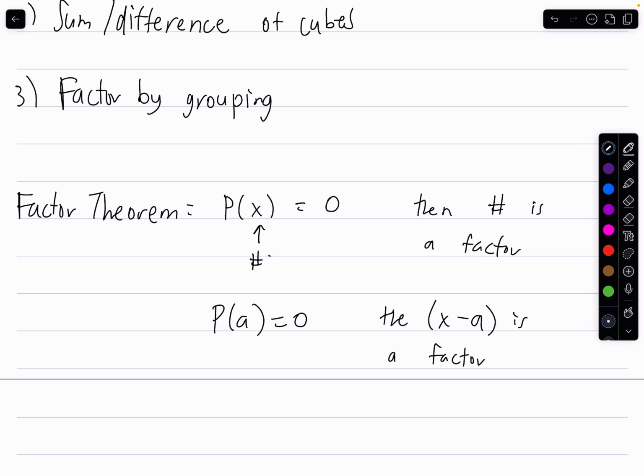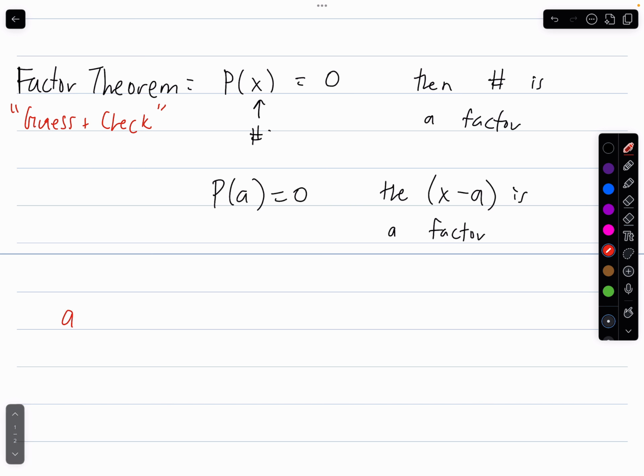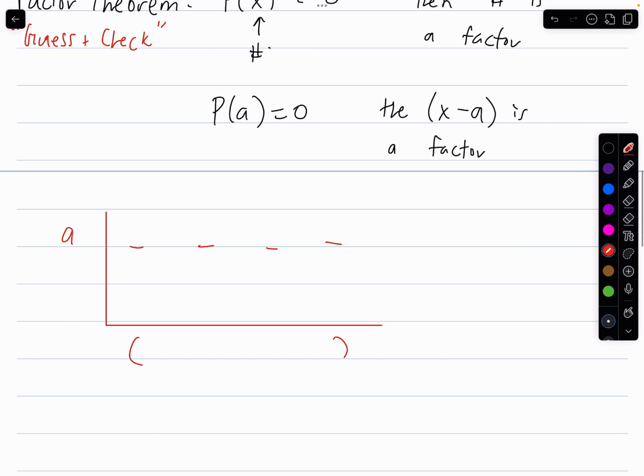The reason we're using factor theorem at first is that this method is a guess and check method to get that first factor. Once we get that first factor, we take that a and do synthetic division with the rest of the polynomial to get a quadratic.